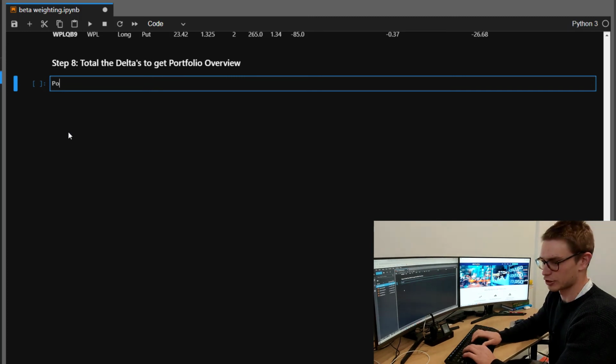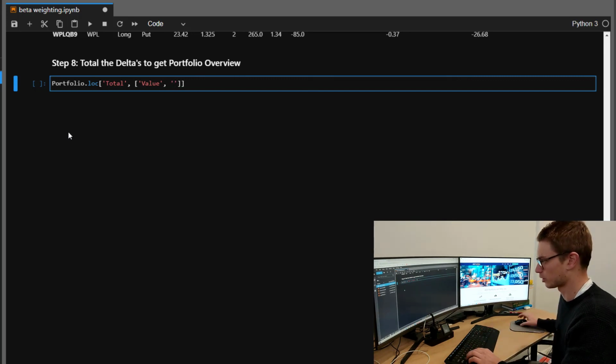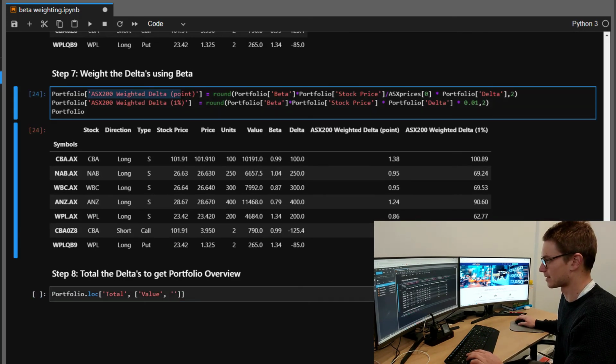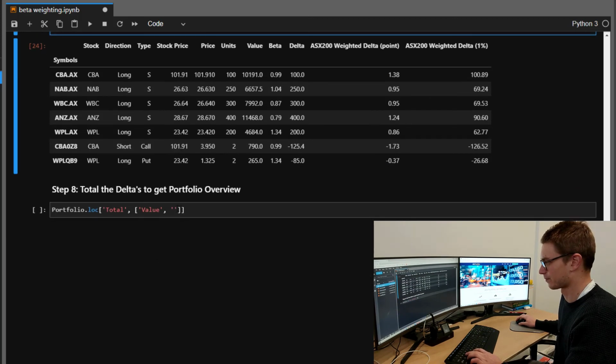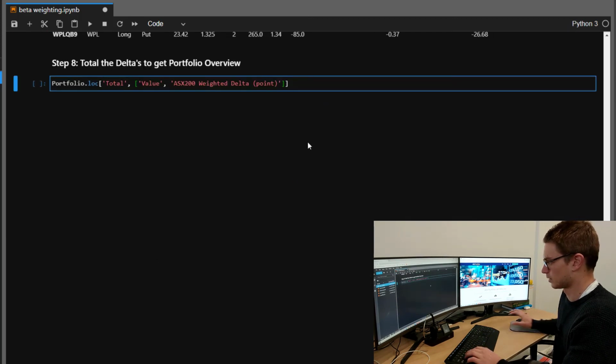So we can see the total portfolio altogether. Let's call this row total, and we're going to calculate the sum of the value column. I'm just going to copy and paste these because I don't want to make a mistake.